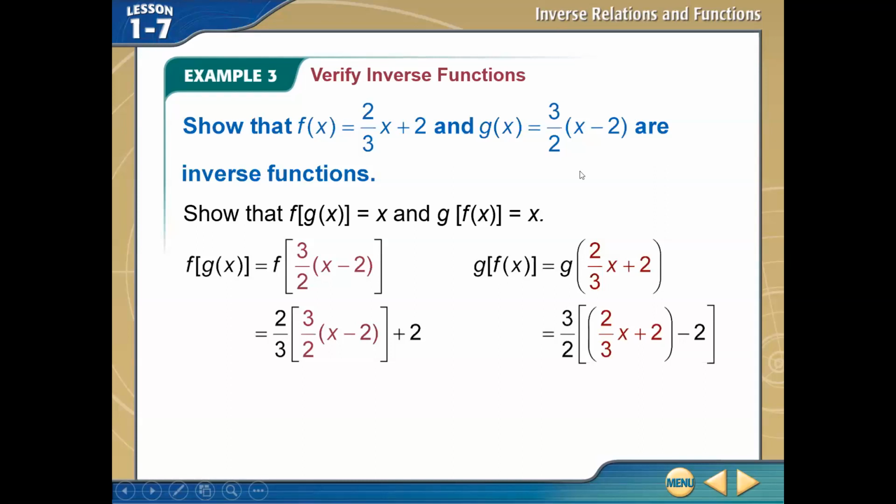They've plugged it in for the x value. Okay, they've distributed across. And now we're just going to be left with x minus 2 plus 2, which is equal to x, and x plus 3 minus 3, which is also just going to be equal to x. Okay, so the key point is that when we compose these functions, we will be able to get just x.